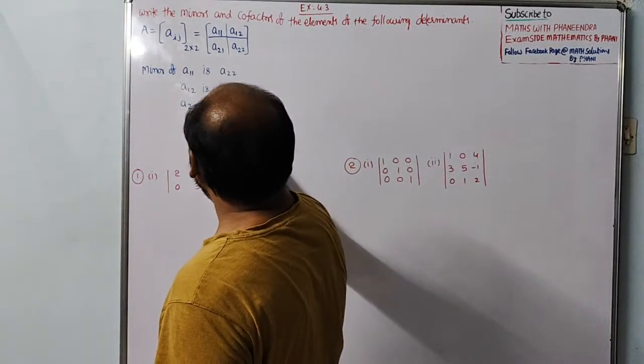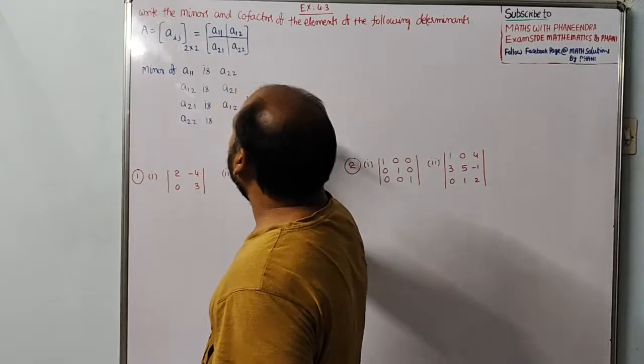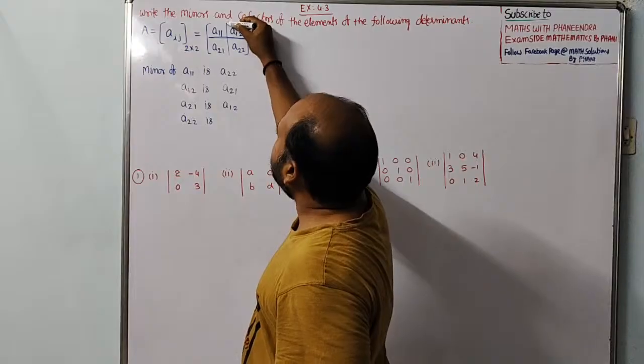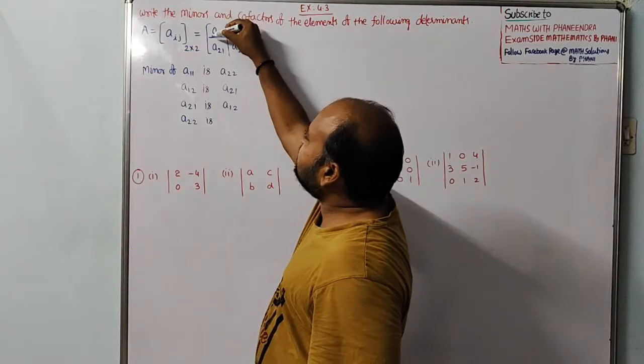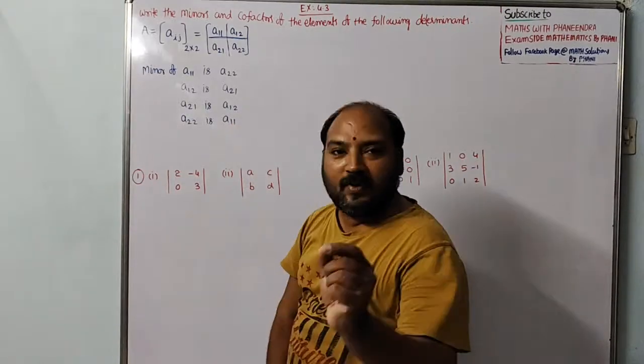The minor of A22: we are eliminating the second row and second column, remaining is A11. I hope everyone understands.